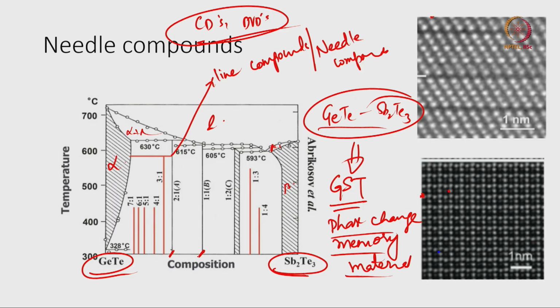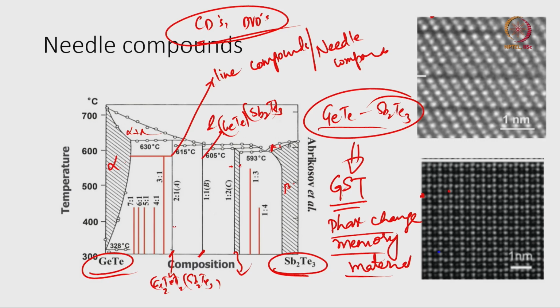So, this is GeTe and Sb2Te3. This is GeTe Sb2Te3 1:1, and this is the 1:2 composition, which also has a small area, but it is more or less like a line compound.